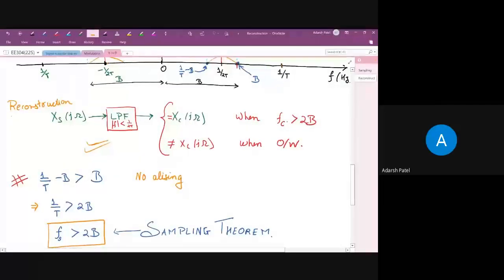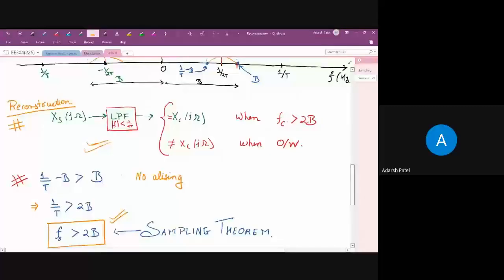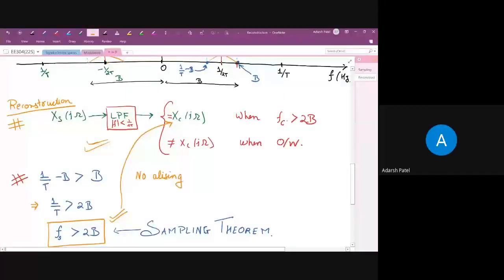Whatever we receive, if you pass it through a low pass filter where mod f is less than 1 upon 2T, whatever we get should be Xc(j omega), provided we have followed the sampling theorem, that is, fs is greater than 2b. Is this clear to everyone?